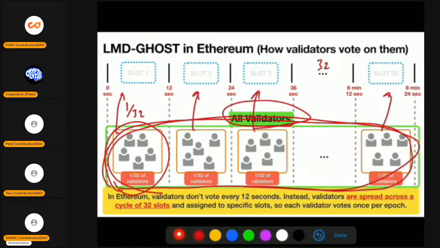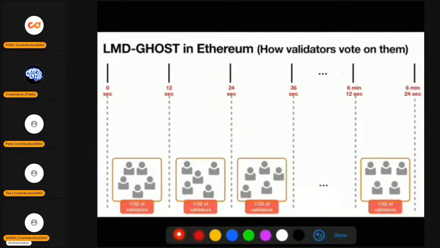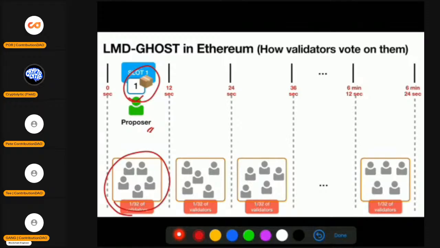So what is going on here? For example, in the first 12 seconds, which is the first slot of the epoch, there is a proposer that proposes a block, and then 1/32 of all of the validators will have a chance to vote for this block.